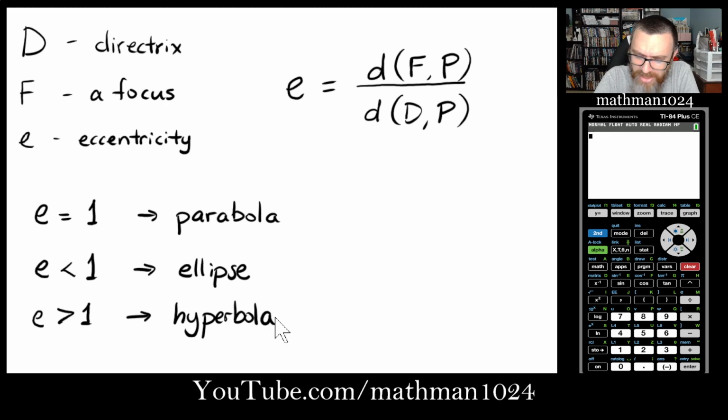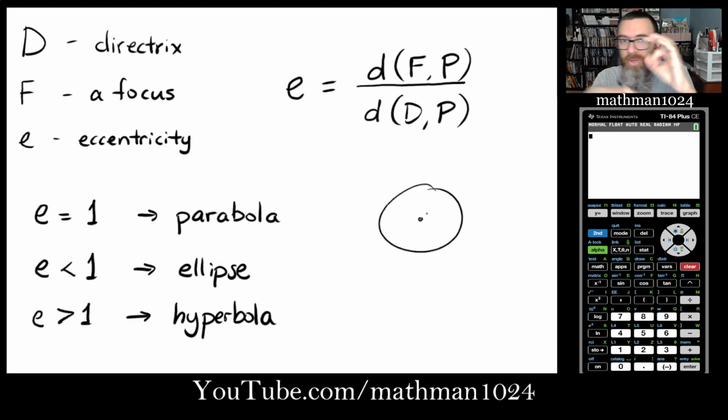One of the ways to make sense of this is if you think about a circle, and you just have your center right there. It's almost like you have your focus right there. We call it the center. The center and the focus are all the same when it comes to a circle. Now, if you start to take that point and split it up, you stretch the shape out, and it becomes more elongated, and it becomes an ellipse.